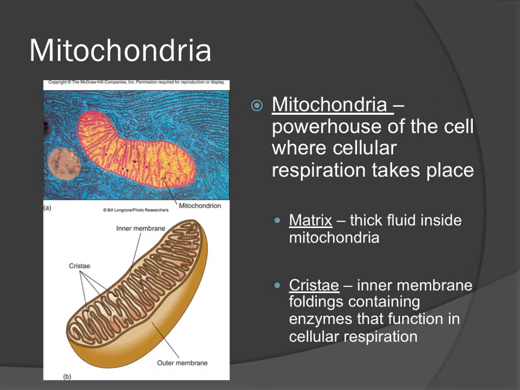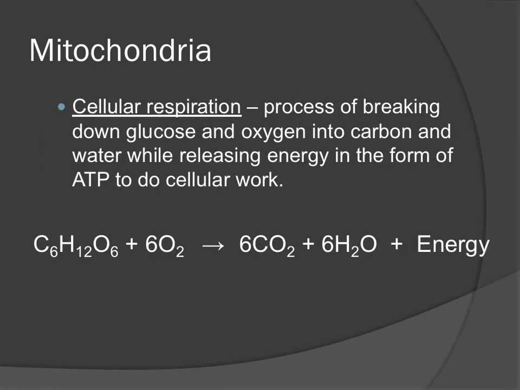So we get that energy from our mitochondria. That's why it's called the powerhouse of the cell. Cellular respiration is the process of breaking down glucose and oxygen into carbon and water while releasing energy in the form of ATP to do cellular work.